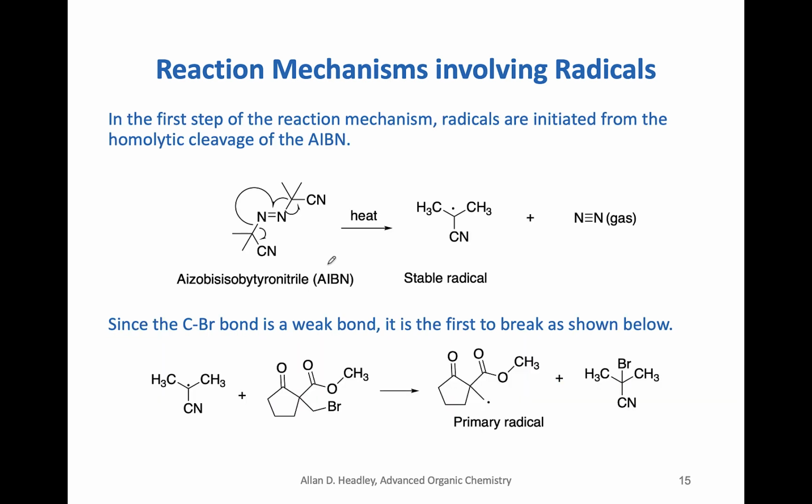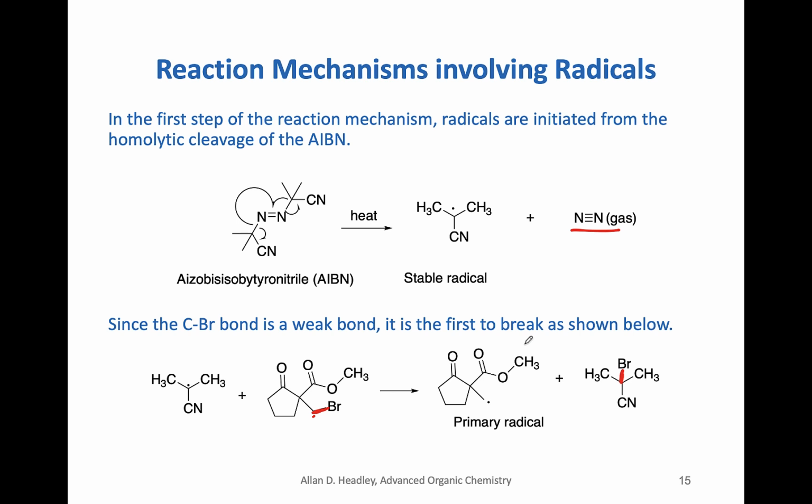As you can imagine, the first step is the production of radicals from AIBN. So here's the radical, because gas is given off, but that's the inorganic product. This radical now sees bromine and can abstract it, using one of these electrons to form this bond, and the other electron is right here. That's a primary radical. So that's one of the intermediates that's formed.